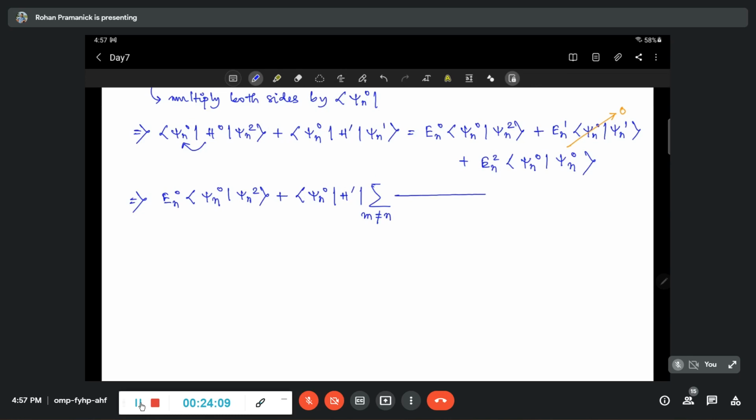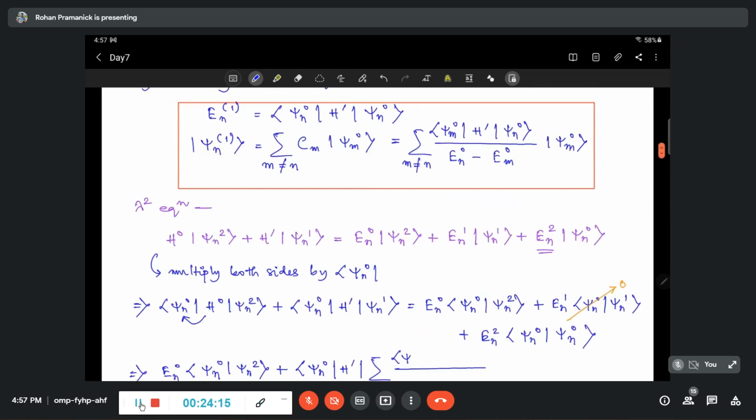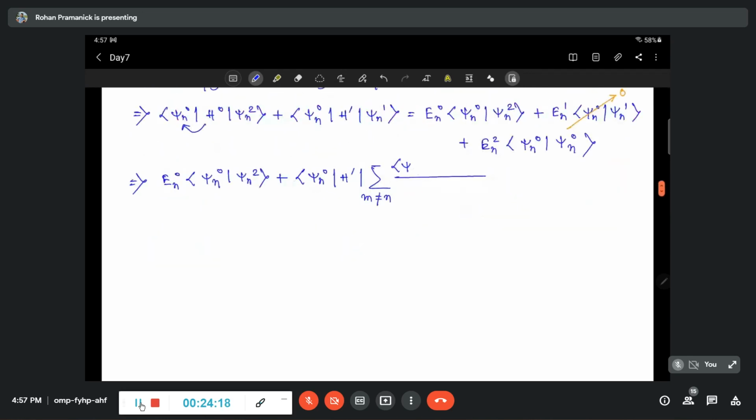The cm's are nothing but this: psi m0 H prime psi n0 over En0 minus Em0. So this was the cm, and we had psi m0.